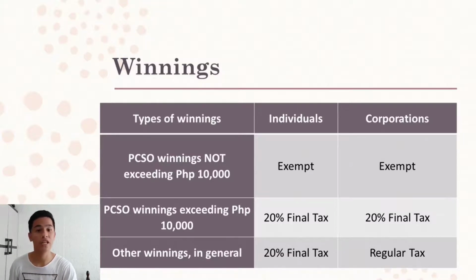Similar to prizes, there is no final tax imposed on corporate winnings under the NIRC. Winnings that are not subjected to final tax by the payer should be reported as part of the regular income. Also, winnings from foreign sources are subject to regular income tax. That would be all for my part.